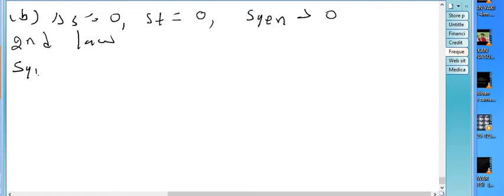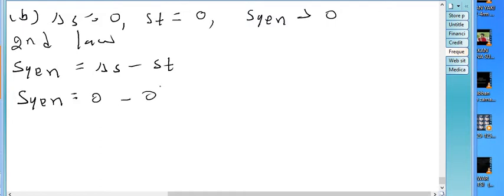The entropy generated is always equal to the entropy change minus the entropy transfer. So the entropy generated is equal to the change in entropy, which is 0, minus the entropy transfer, which is also 0. So 0 minus 0 is 0.